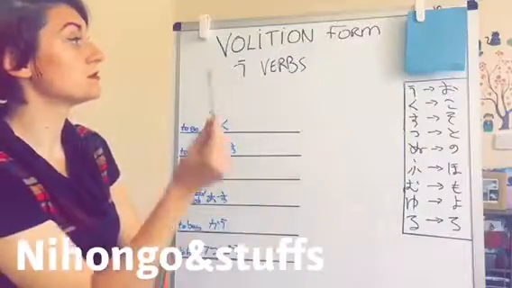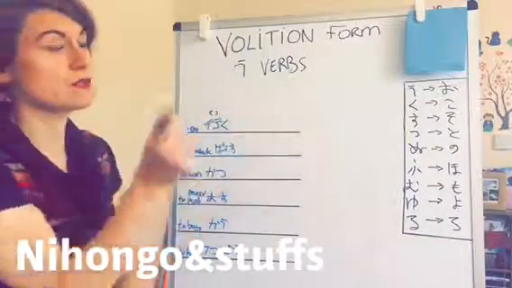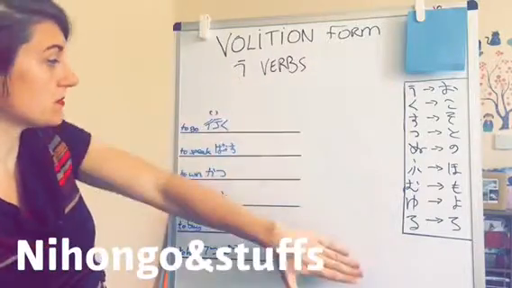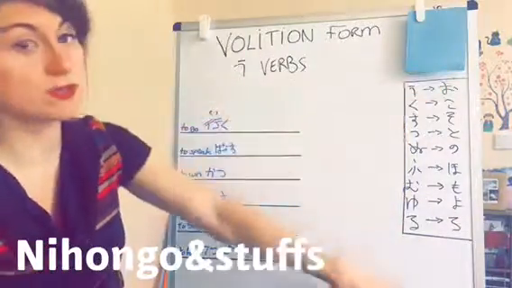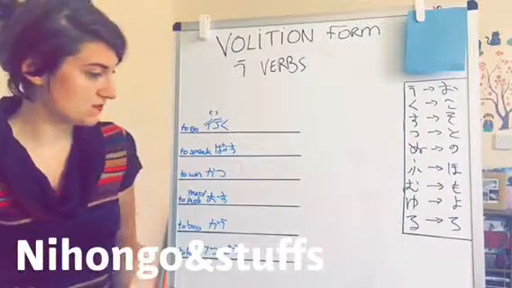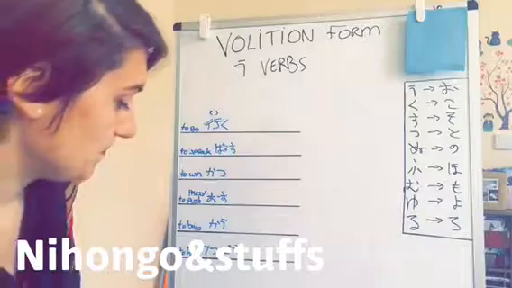First, we're going to do the u verbs into volition form. What I've done here is put up our u sounds and our o sounds from the hiragana chart, and it'll just make it easier.